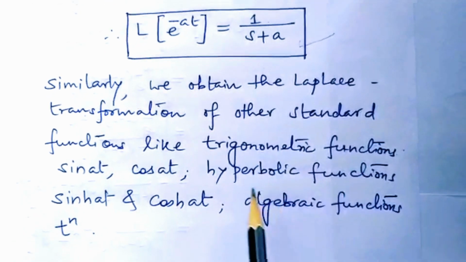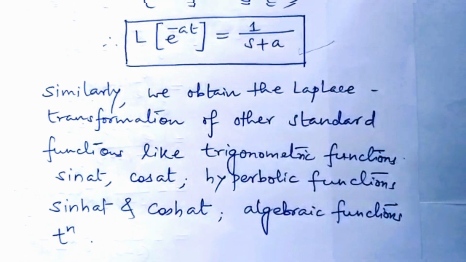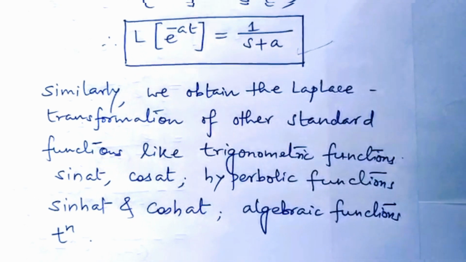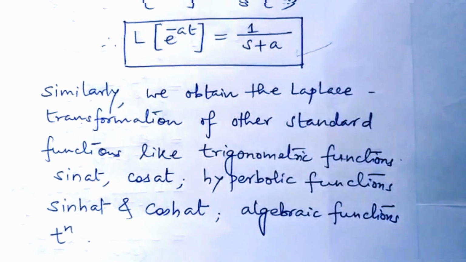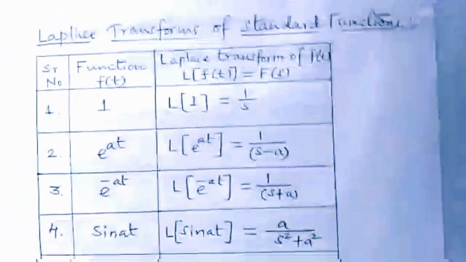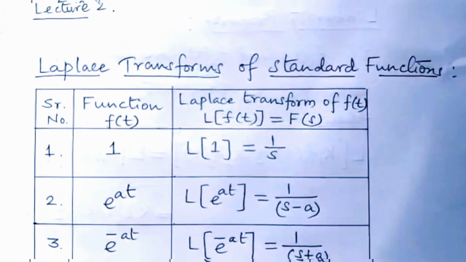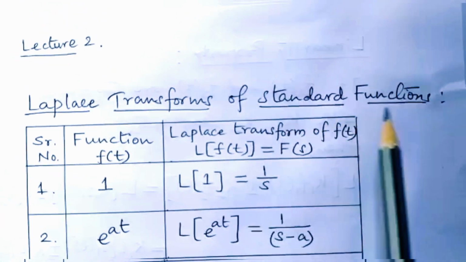All those functions we consider as standard functions, and we will apply the same Laplace transformation definition, and we can find the Laplace transformation of each function. Now, when we find the Laplace transformations of all those standard functions, together we can represent them in the form of a table, that is, the Laplace transformation of standard functions.